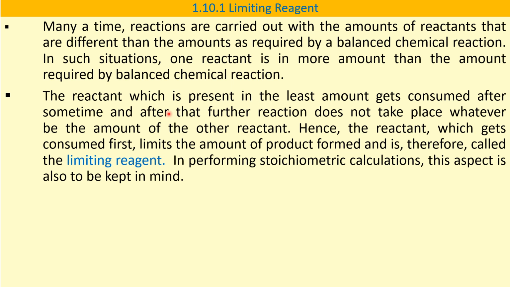The reactant which is present in the least amount gets consumed after some time, and after that further reaction does not take place, whatever may be the amount of the other reactant. Hence, the reactant which gets consumed first limits the amount of product formed and is therefore called the limiting reagent. In performing stoichiometric calculations, this aspect is kept in mind.